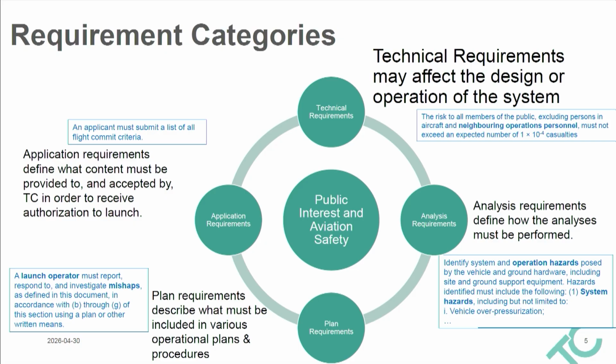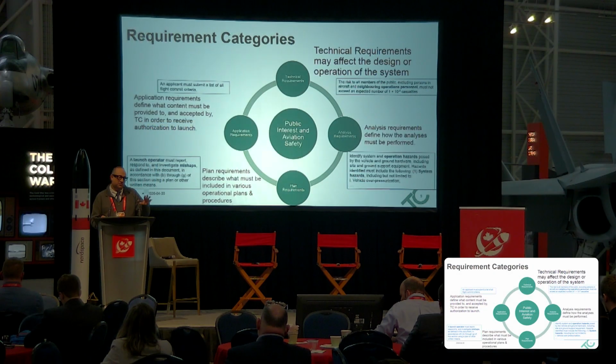Our requirements are there to mitigate all these risks, the hazards, which I just touched on: toxic, debris, and overpressure. Right now, our requirements, which are open to consultation and feedback, are split in 4 categories. The real technical ones, there are about 50 or so, and they target things that are going to affect the vehicle system or operation.